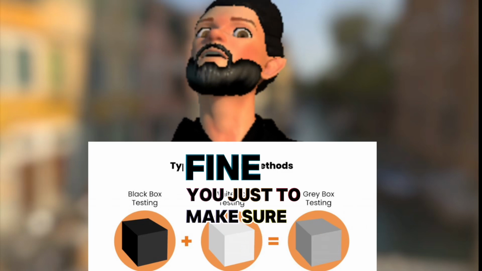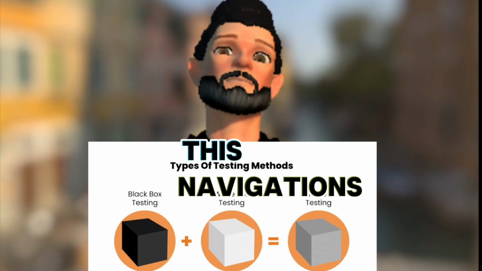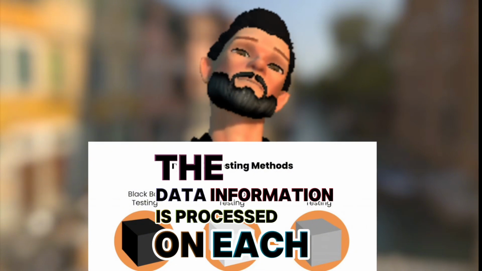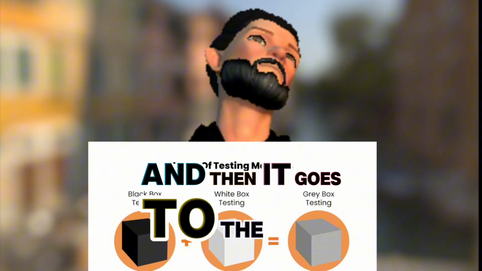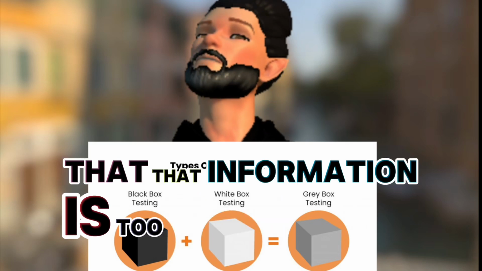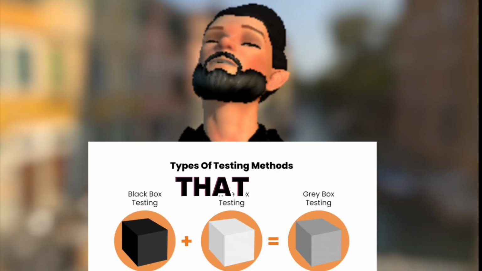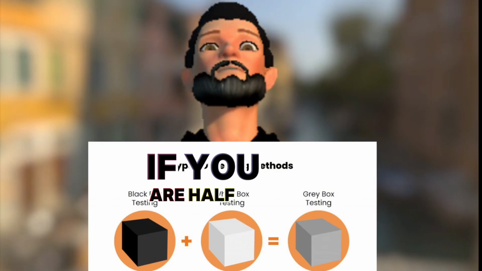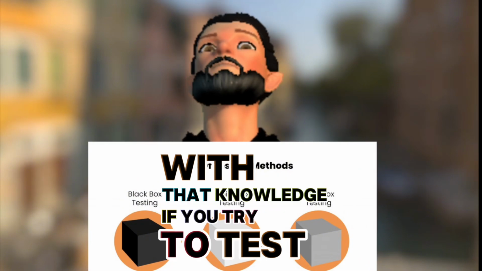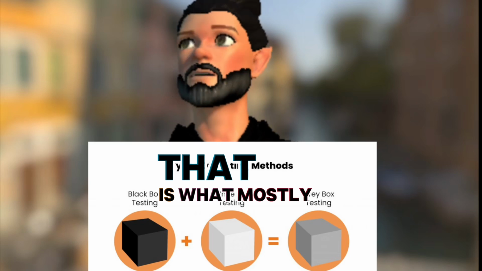You just make sure the navigations between services work, the data is processed on each input, and then it goes downstream to the last screen where that information is stored. If you understand from that perspective, as half developer and half user, and test software with that knowledge, that is mostly what gray box testing is.